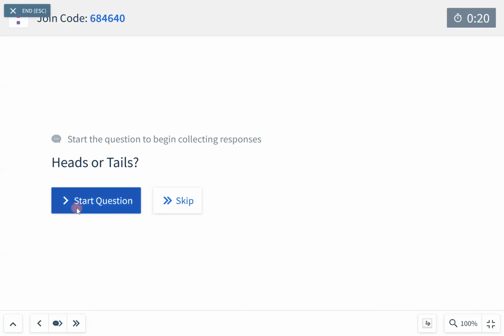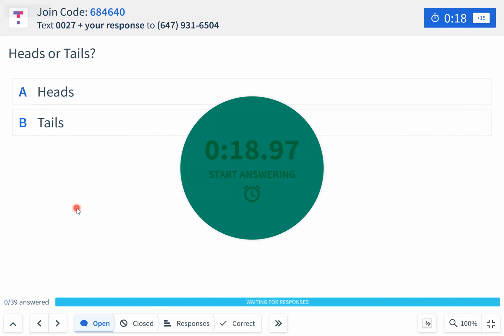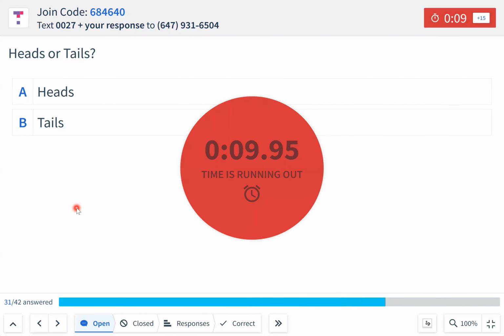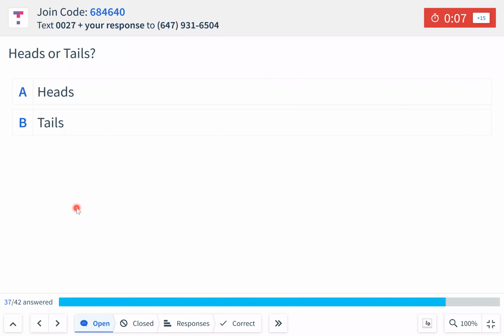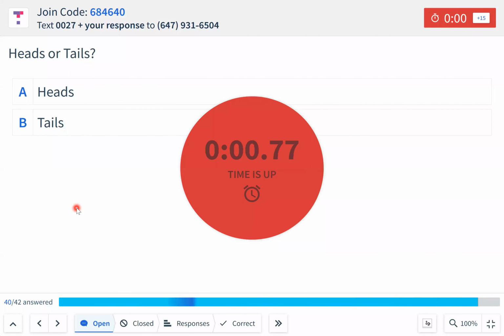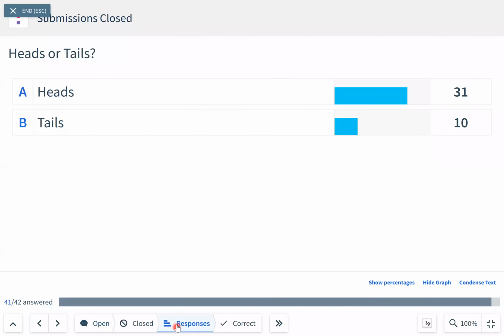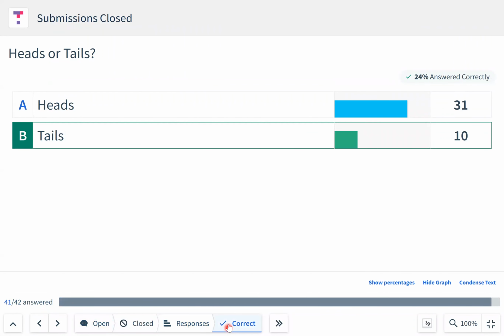Next question. 31 on heads, tails 10. Correct answer was tails.